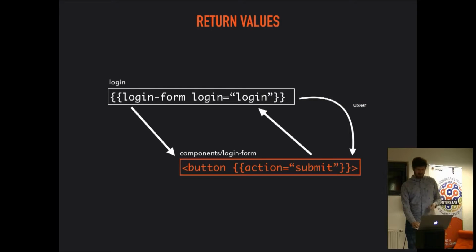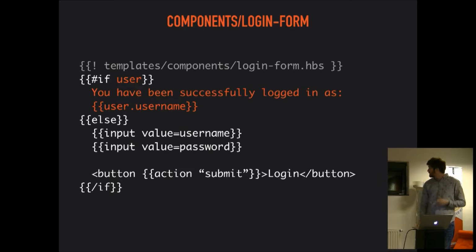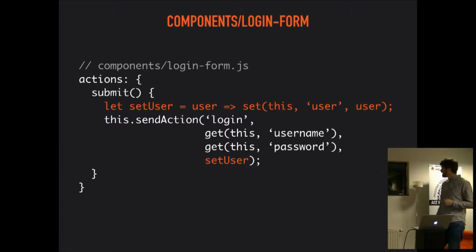So I've modified the login form a little bit. Now we have an if statement: if there's a user, then show you've been successfully logged in as your username. And I've also changed the component logic a bit. I have this callback function called setUser, and it sets user on this.